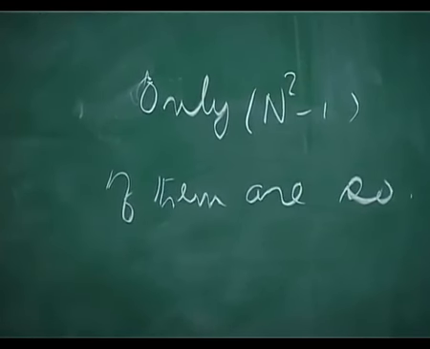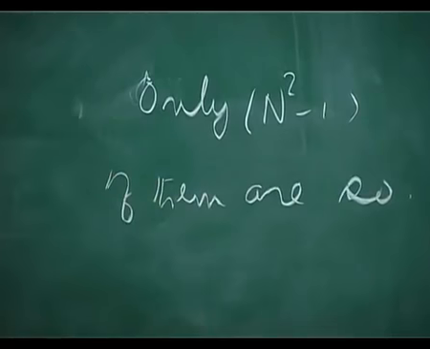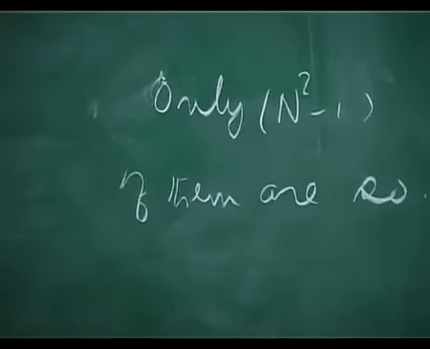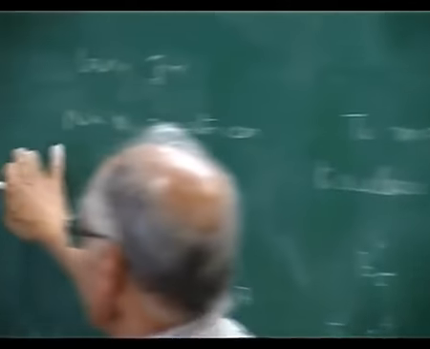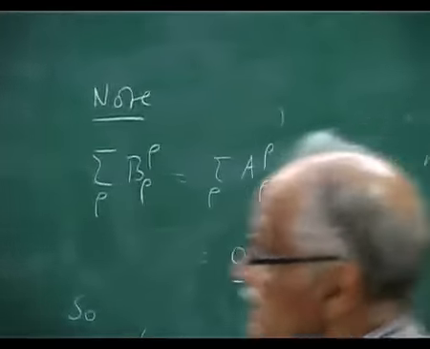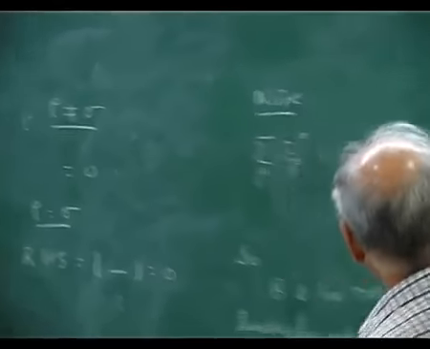So what we accomplished with B is that I have taken into account this trace condition. The unitarity condition is the following. Okay. So I would say that B is okay.